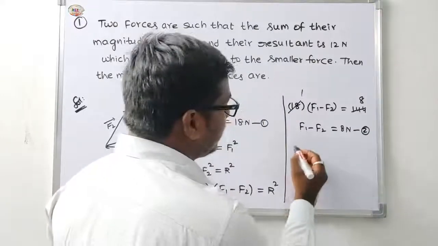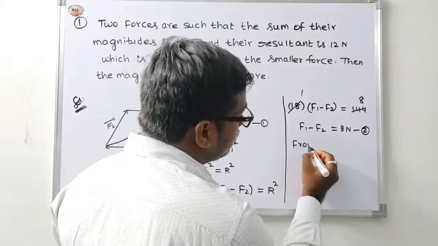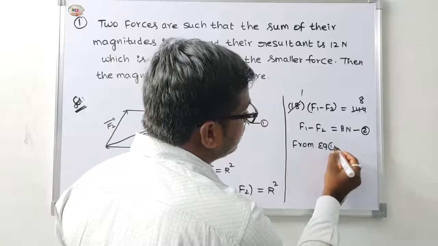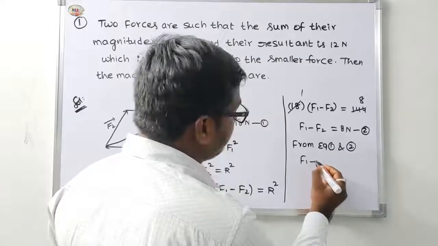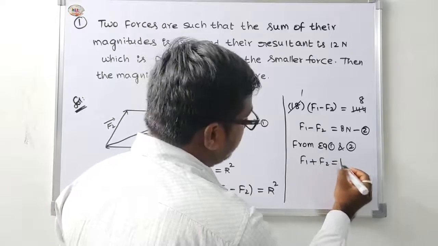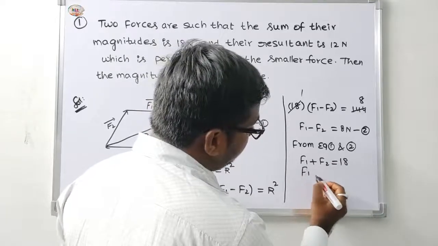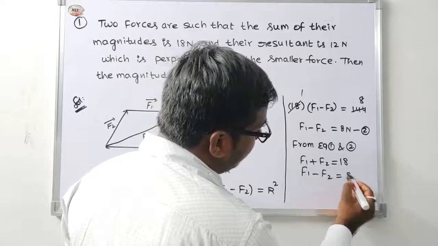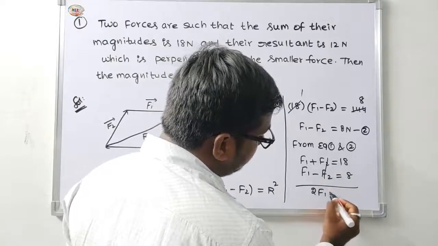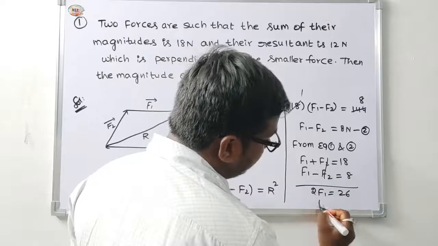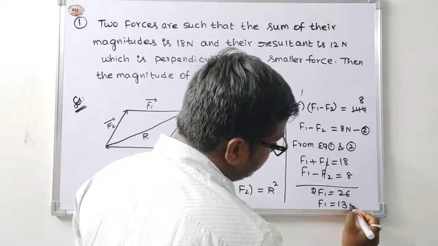From equation 1 and 2, F1 plus F2 is equal to 18, F1 minus F2 is equal to 8. Adding them, F2 cancels, 2 F1 is equal to 26. Then F1 is equal to 13 Newton.